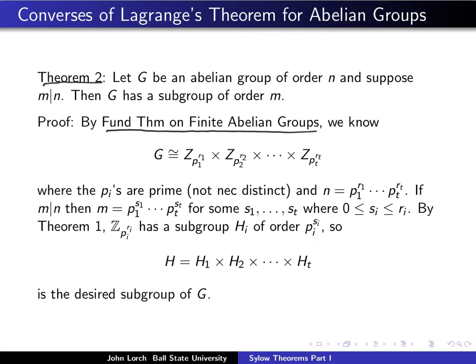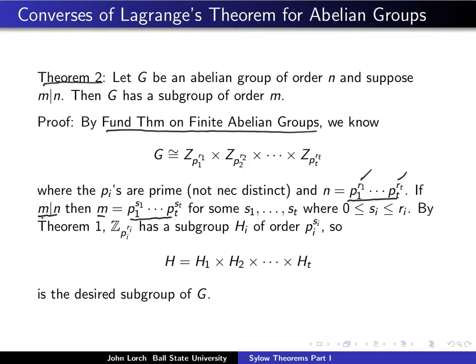So if M is a divisor of n, then M is a divisor of this product of prime powers, which means that M should be representable by a product of those same primes where the exponents on the primes are less than or equal to the original exponents that we use to form n.